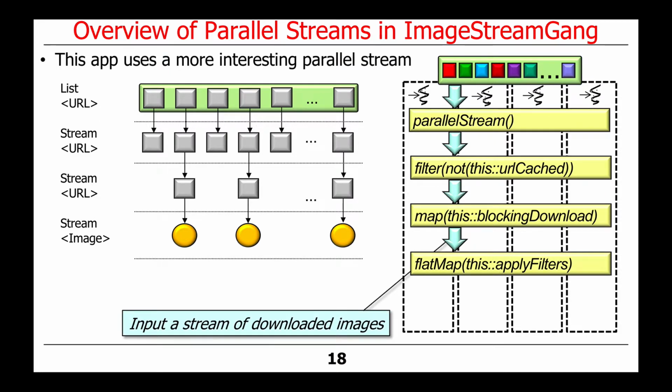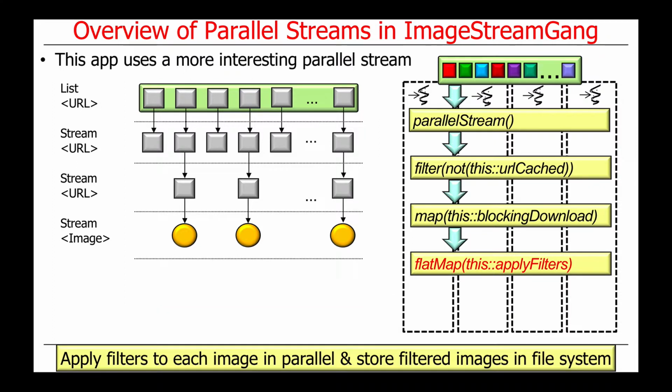And that then gets passed into the next phase of the pipeline, which is something called flat map. So the output of map is passed into the input of flat map. And what flat map does is it applies the apply filters behavior to each image in parallel and stores the filtered or transformed images in the file system of the underlying computing device. What's interesting to note here is we have a stream of downloaded images that comes out of map, and that is passed into flat map, and then flat map will actually generate a larger number of output images.